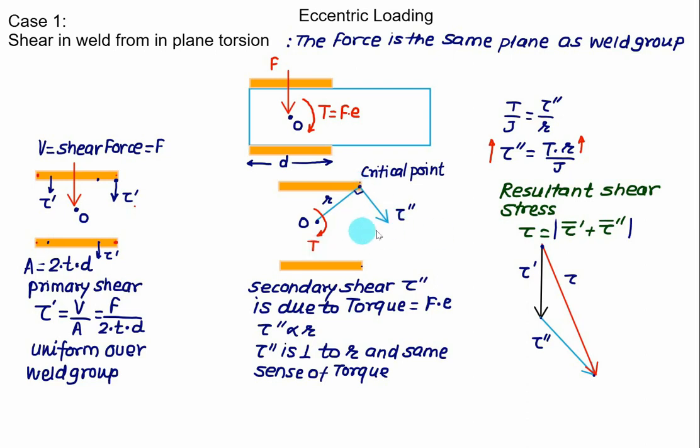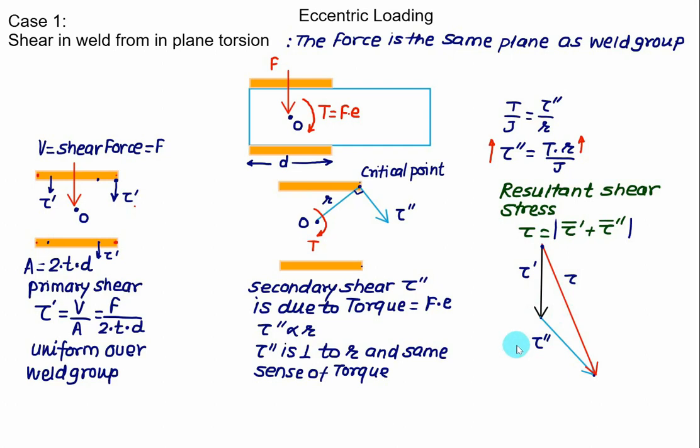Then you do the vector sum to find the resultant shear stress tau. You have to vectorially add tau prime and tau double prime, and take the absolute value. Up till now I hope the steps are clear. Now we'll discuss the procedure for calculating the resultant value of tau: we can use the triangle law and find the value of tau.